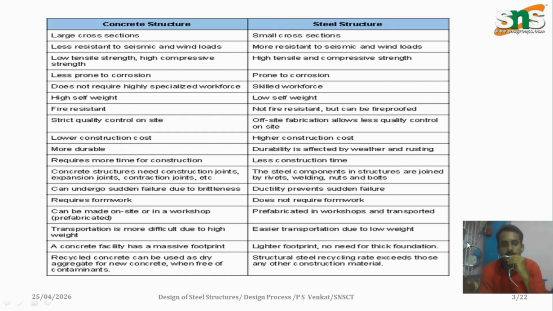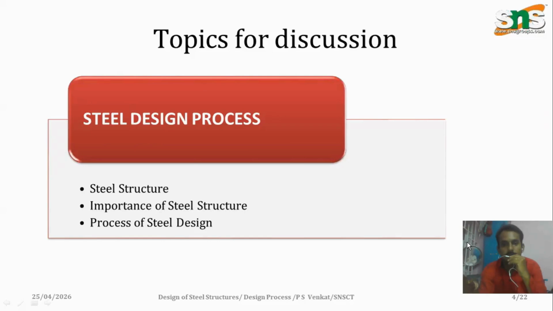By the end of this lecture, you will have a complete roadmap of how engineers design the steel structures. The topics for discussion are importance of steel, the process of steel design, and the types of steel structure.